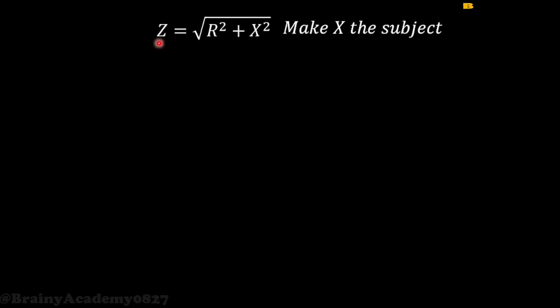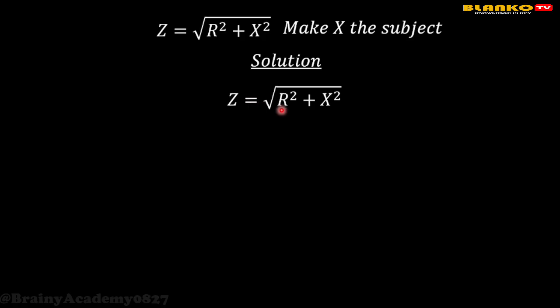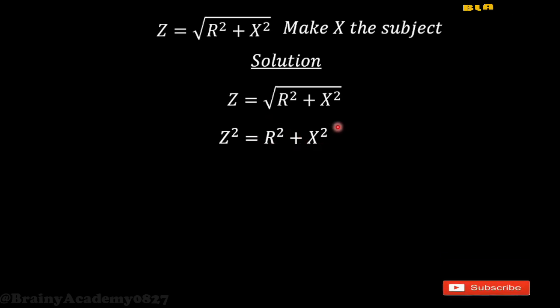We have Z equals the square root of r squared plus x squared, and we have to make x the subject. So the solution. First thing to do is to square both sides to eliminate the square root on the right hand side. So this is going to be Z squared equals r squared plus x squared.